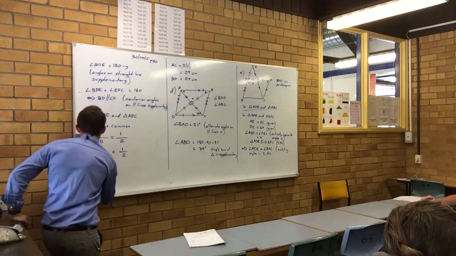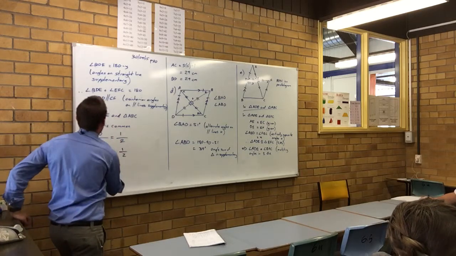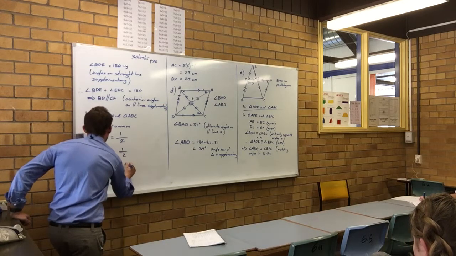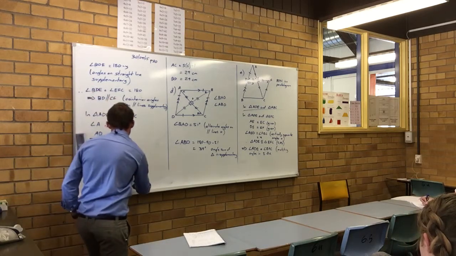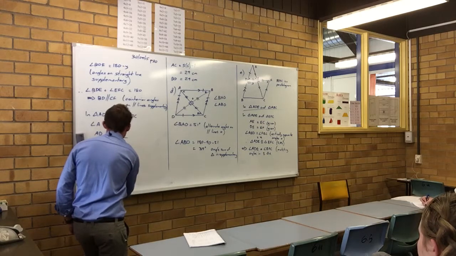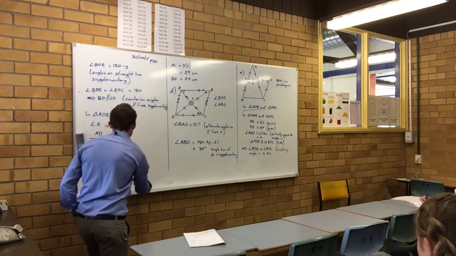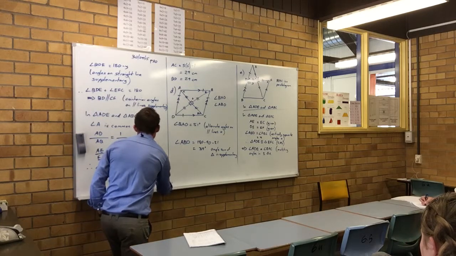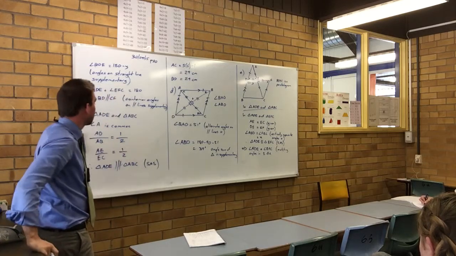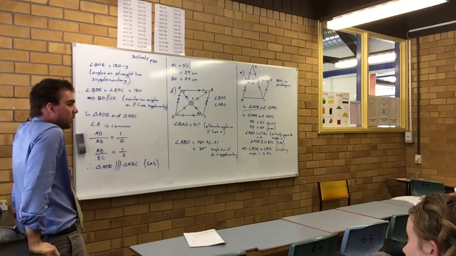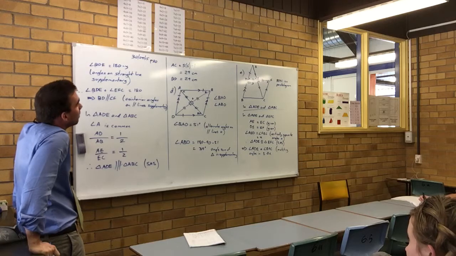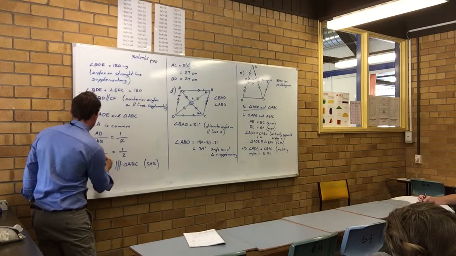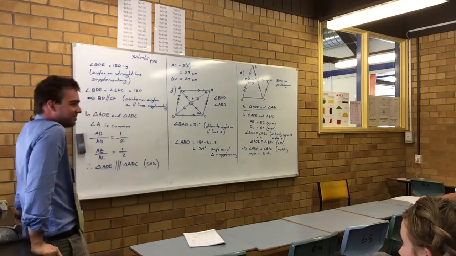Therefore triangle ADE is similar to triangle ABC. Alright, so we did side, included angle, and the side in the same ratio. Should it be AC instead of AE? Yes, thank you. Just testing you.